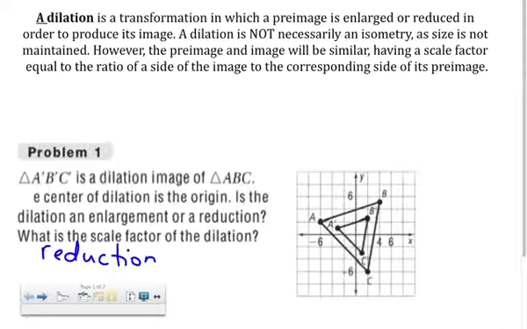What I mean by that is, let's pick a point and its image. So B, which is located at 4, 5, and B prime, which very annoyingly is located at, be careful, 2, 2.5.